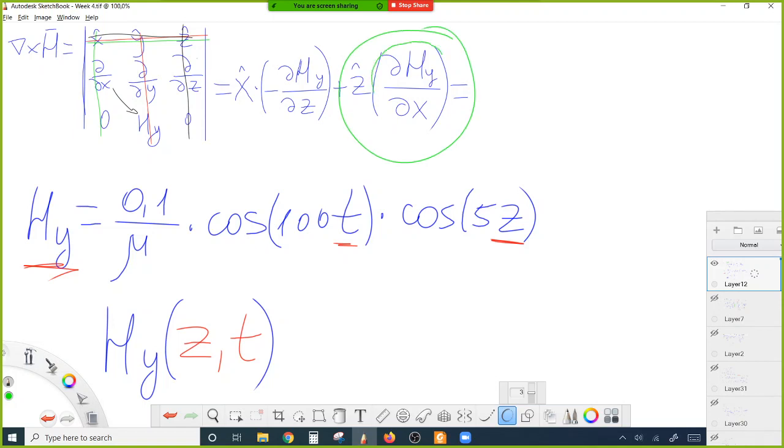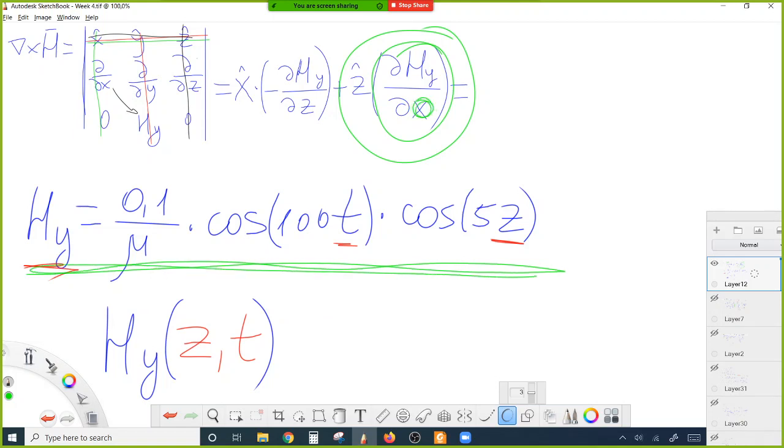Here we are taking the derivative of Hy with respect to x. As we know that Hy is a function of only z and t, it means Hy is not a function of x.